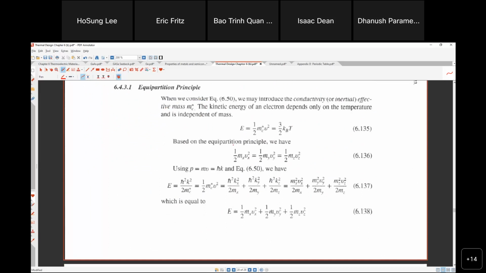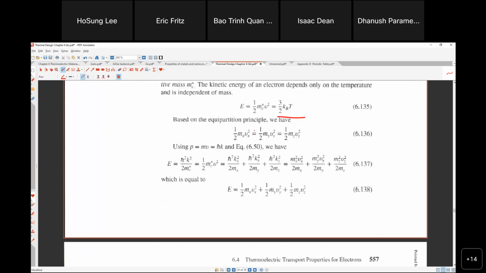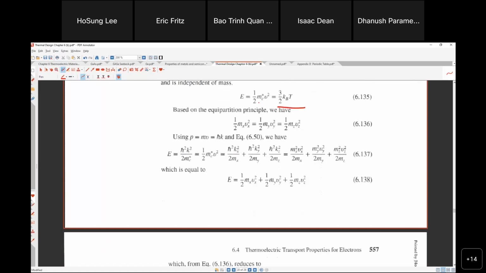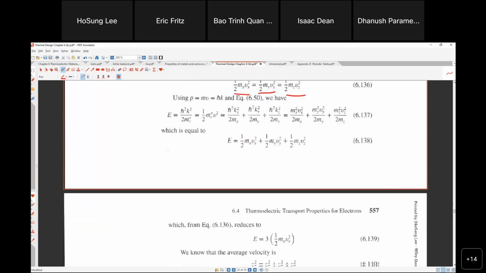Also we assume isometric, and the kinetic energy has nothing to do with direction, it is only temperature dependent. So the electron's kinetic energy is the same, nothing to do with direction, so this must be the same.